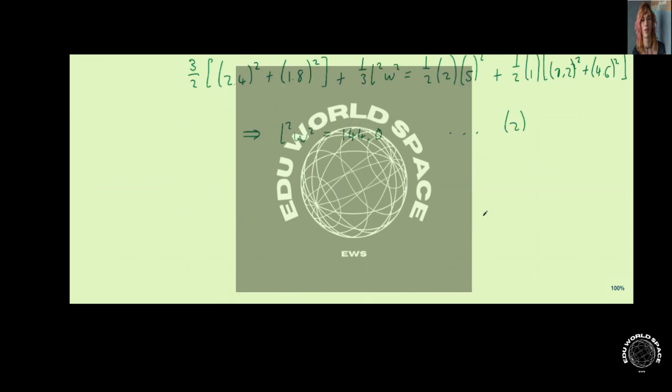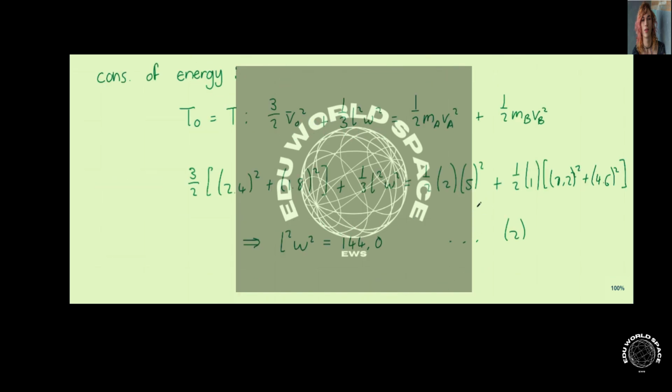So now we have 2 equations with the same 2 unknowns, L and omega.